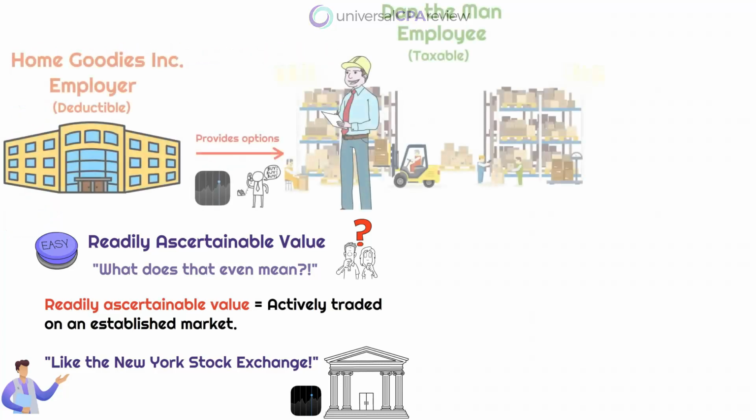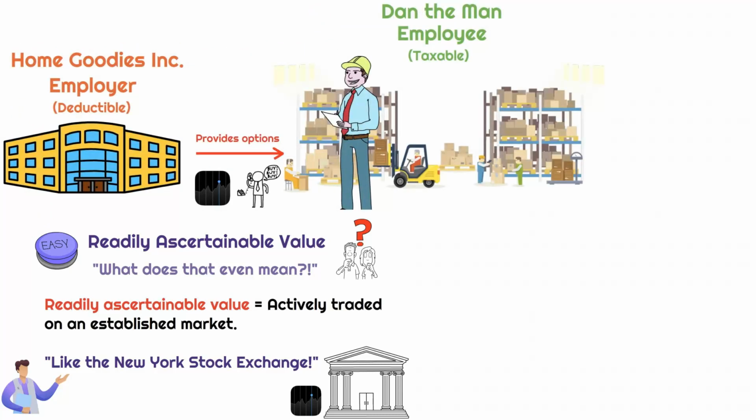So let's say that Home Goodies is a startup company, right? And in order to incentivize Dan the Man to join them with all of his strategic expertise, they offer him these types of stock options. And because, again, this is a startup and they haven't IPO'd yet, that means that the stock options do not have a readily ascertainable value, right? You can't just look up on your Fidelity app and see what the market price is.